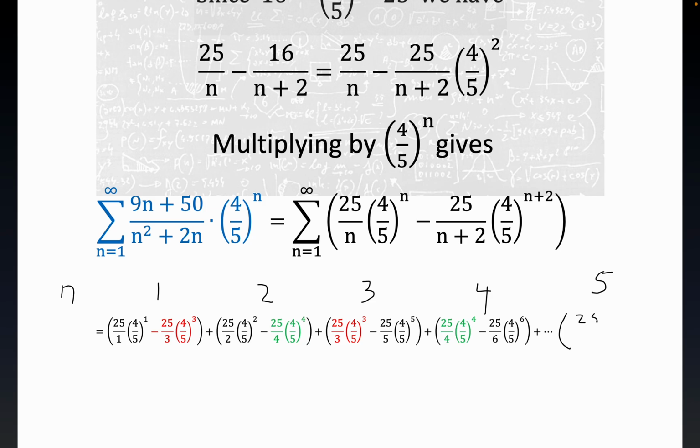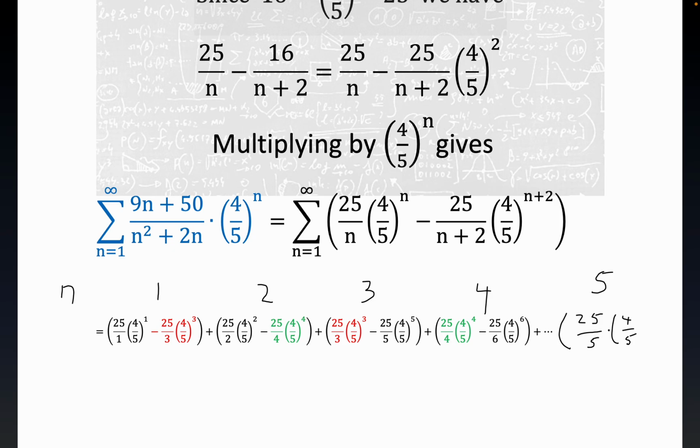Notice, y'all, I didn't simplify anything. There is absolutely no need to try to simplify these numbers and write them as Hindu-Arabic numbers. It's just important to see what they are and how they offset each other. So you got 25 over 5 times 4/5 raised to the 5th power as the first term, and you can see I'm just substituting right here.